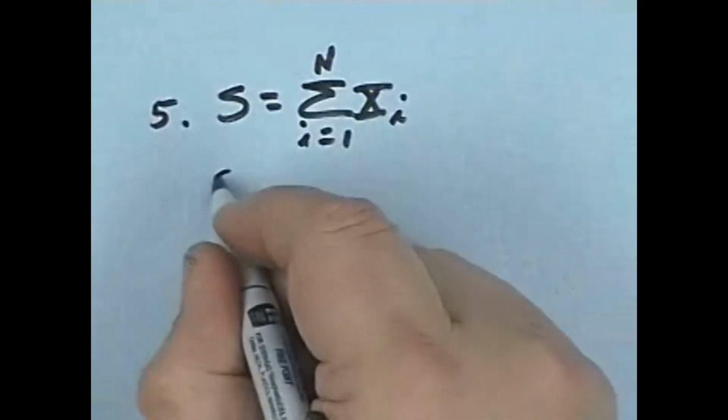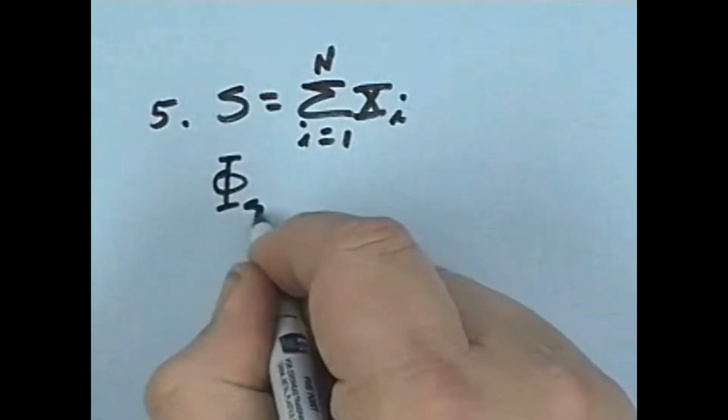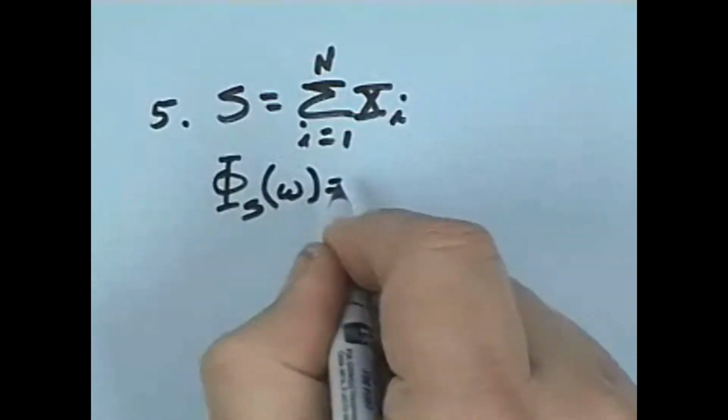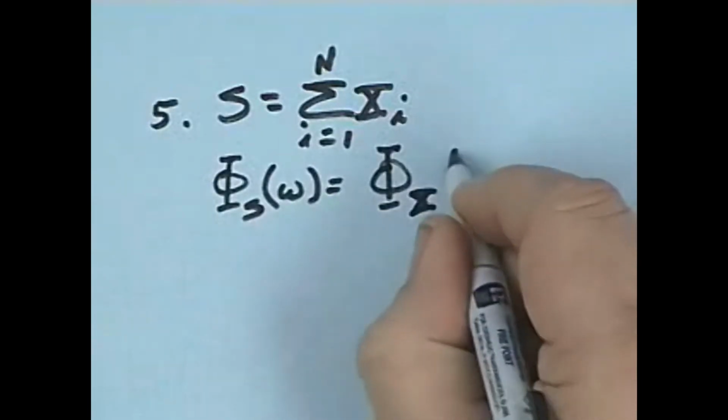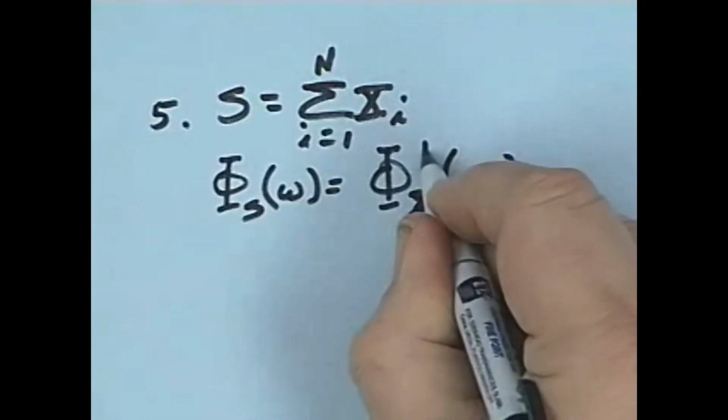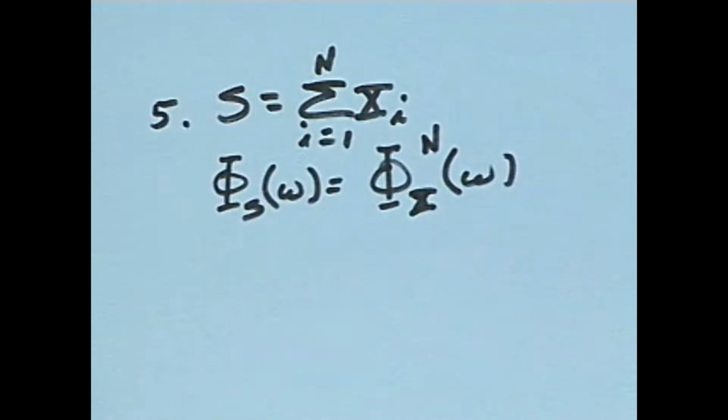What we showed in class was the characteristic function for the sum, this was in the lecture notes, was equal to the characteristic function for one of the random variables raised to the nth power. Do you remember us doing that in class? Okay. So that indeed is the case that we have here.